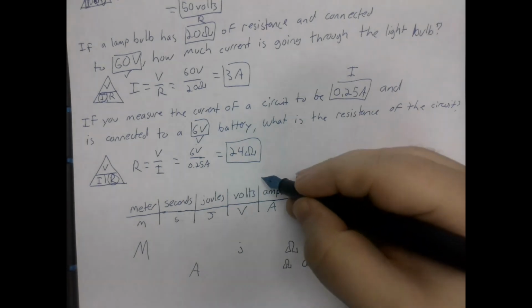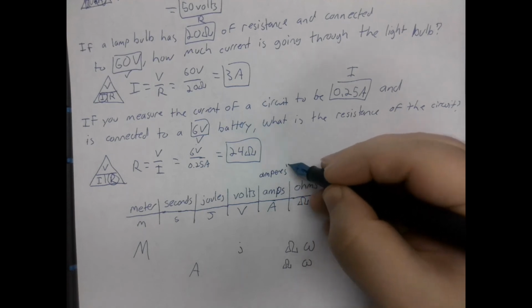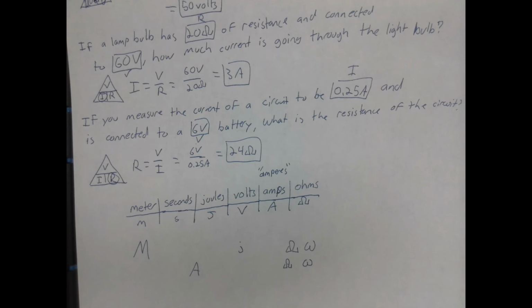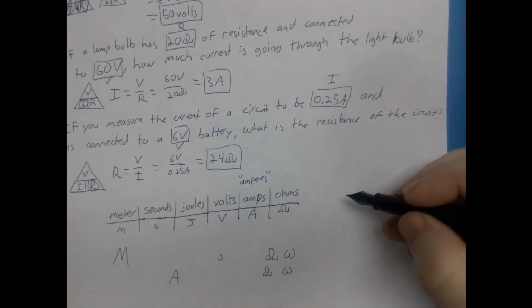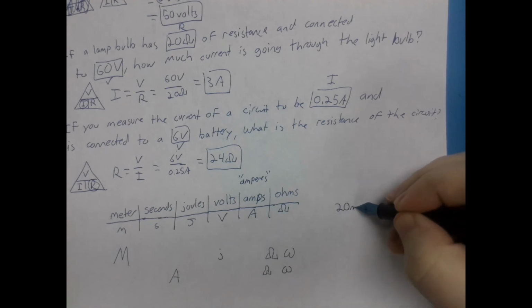If you wanted to be more precise, you could write amperes, which is French, but is the proper full name. We usually reduce that word down to just amps. It's not on the homework, but usually amps is very small, and we use something like 20 milliamps.